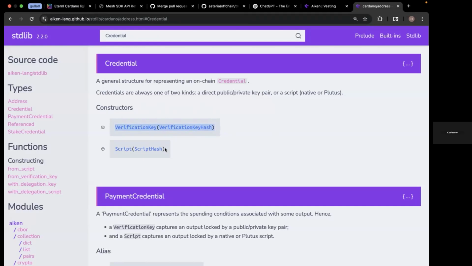But if the script is the credential, the UTXOs are controlled based on the logic of the validator. Anyone has control over the UTXOs as long as they follow the logic of that validator. Does that make sense when it comes to credentials?